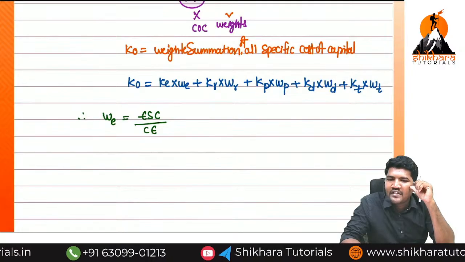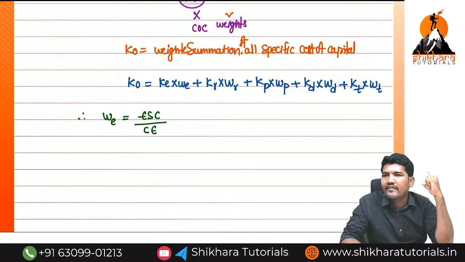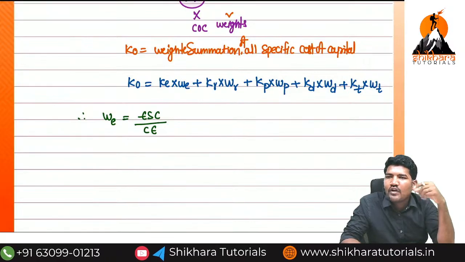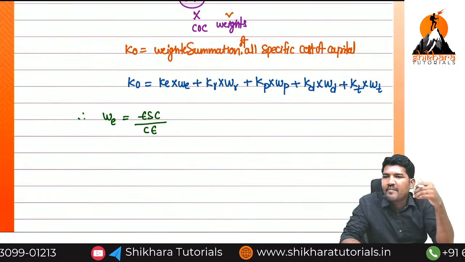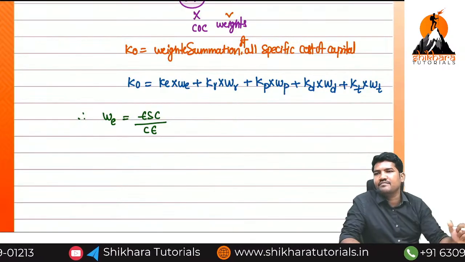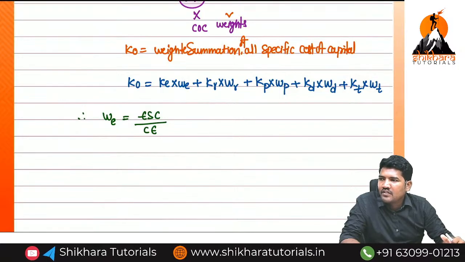Total 100 crore rupees. That 100 crore rupees is known as capital employed. Out of 100 crore rupees, how much is the equity share capital? 20 divided by 100, 0.2 is the weight. Guys, clear?